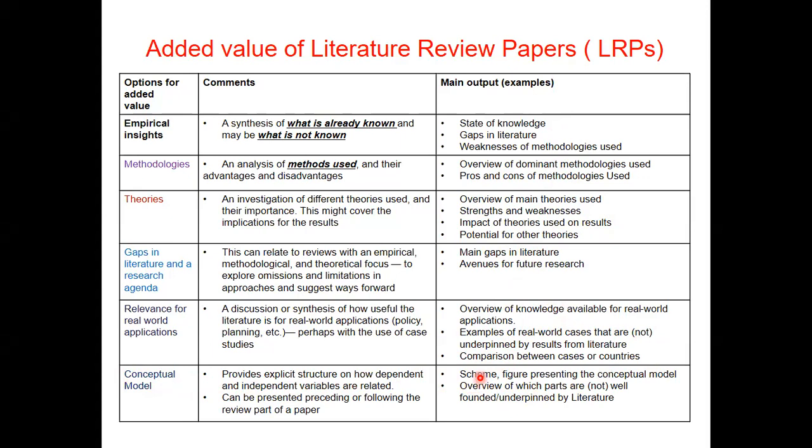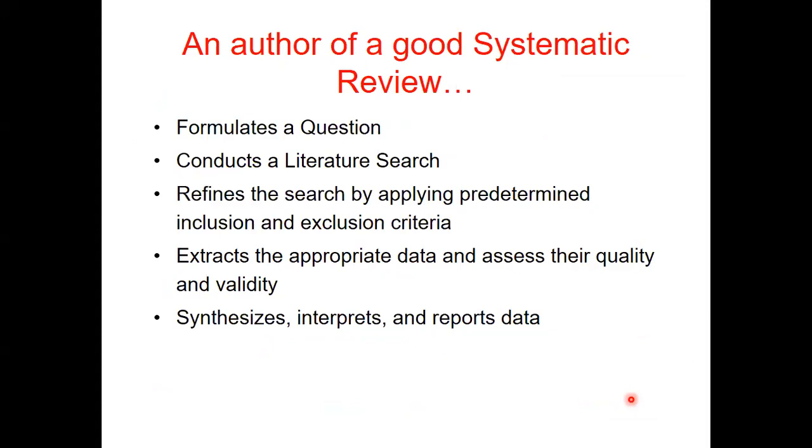It could be a scheme or a figure representing the conceptual model, or an overview of which parts are not well founded and underpinned by the literature. So you tend to summarize those and put them in a conceptual diagram.